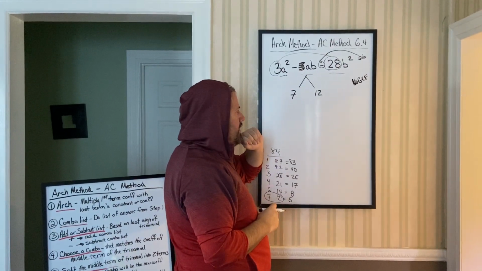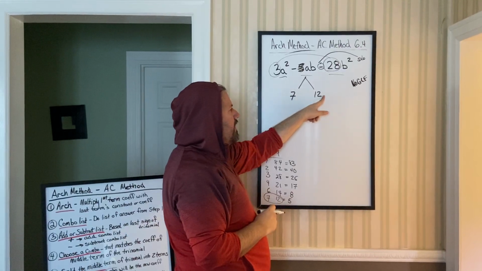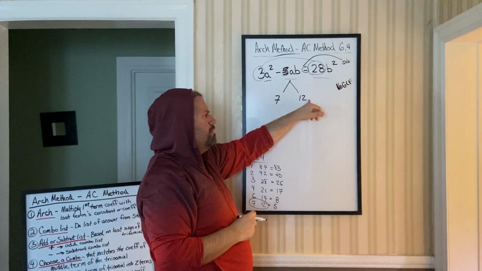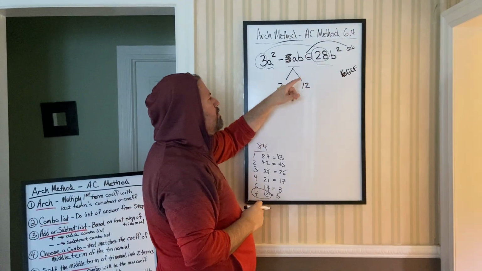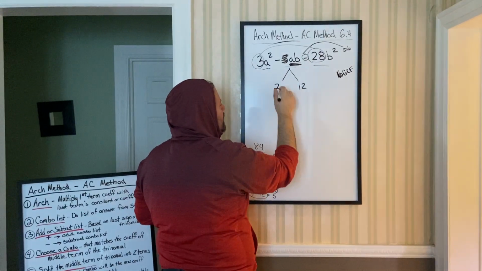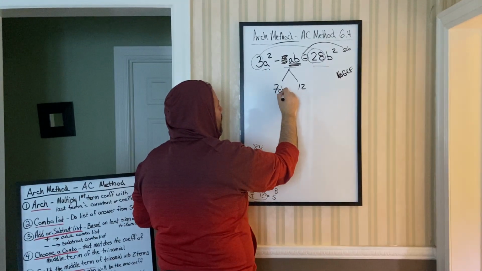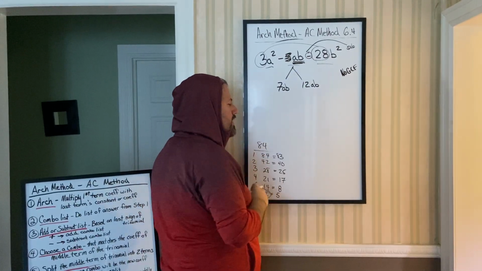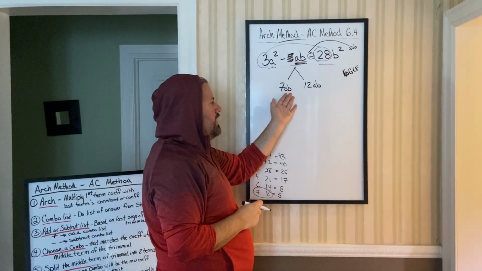Do not, repeat, do not bring half here and half here. I always get someone who says, well, I'll bring the A here, but I'll bring the B here. You have to bring this same variable part to both of them. So it's not half, but the whole thing. AB here, AB here.